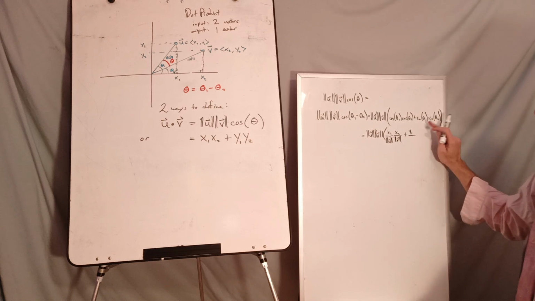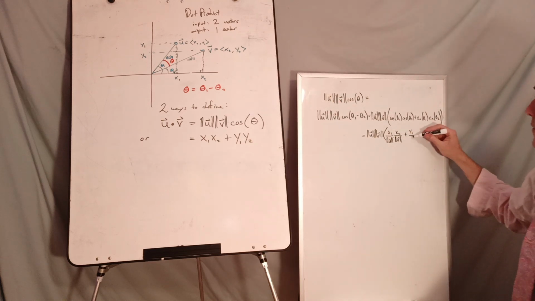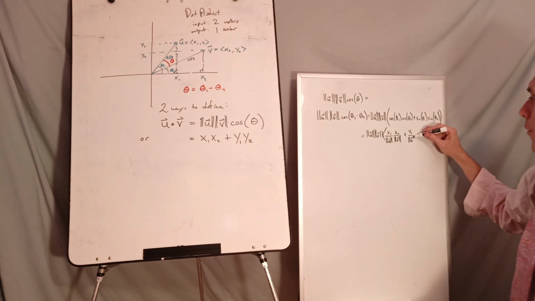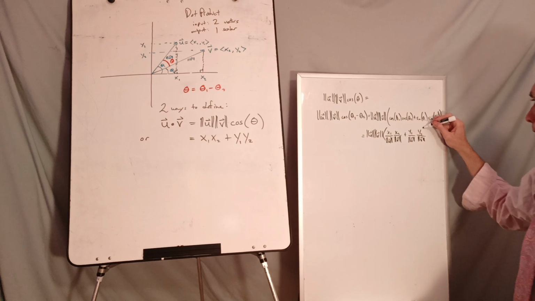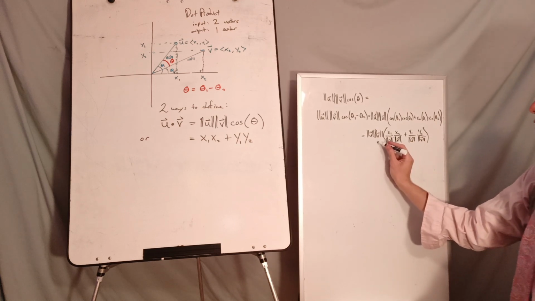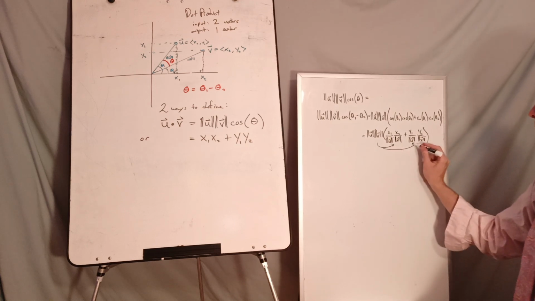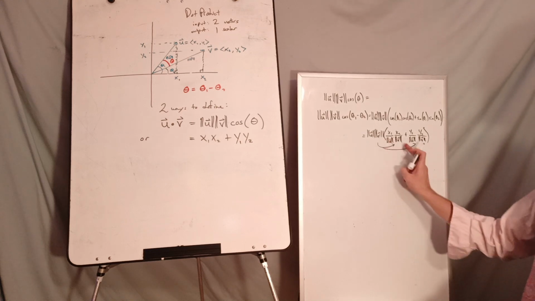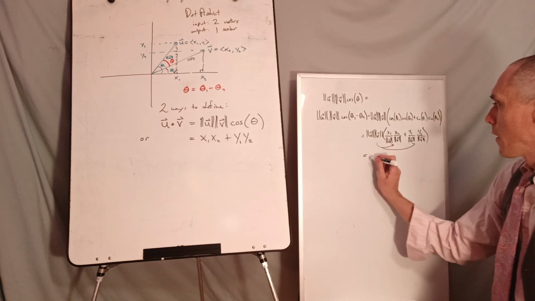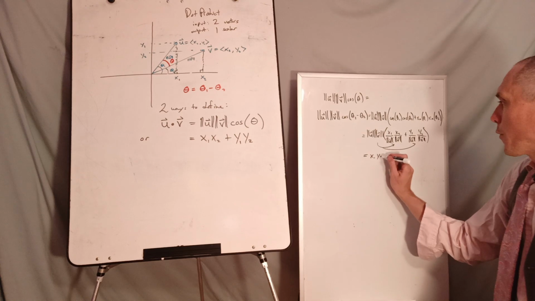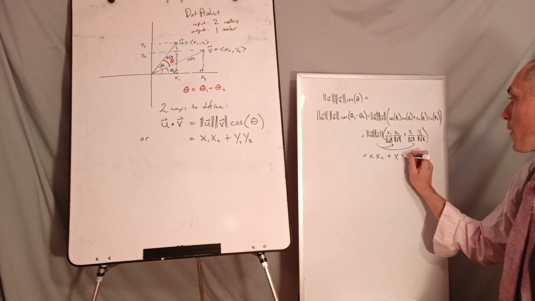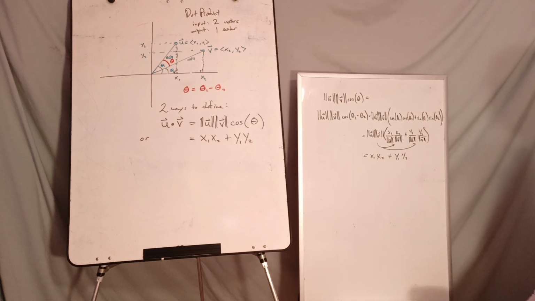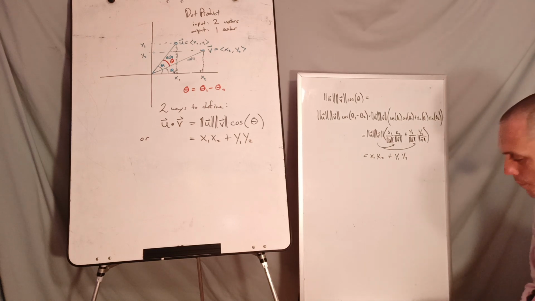Now, sine is the opposite, right? So we're going to take the opposites, again, divided by their appropriate magnitudes. And then what are we going to do? We're going to just distribute this into each term. And you can see that it will cancel the bottoms completely, and we actually do wind up with what we wanted. The product of the x values summed with the product of the y values. Okay, well, that's good to know.